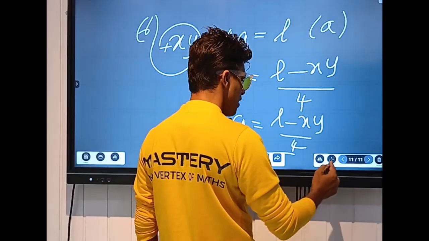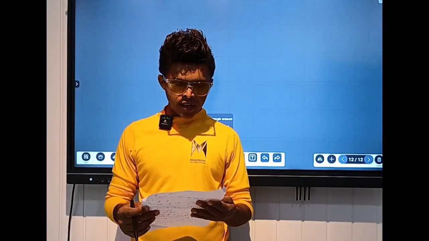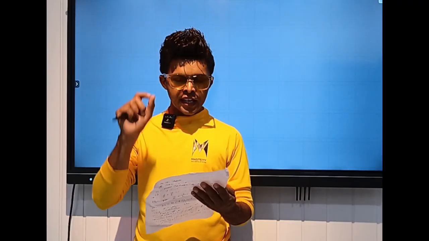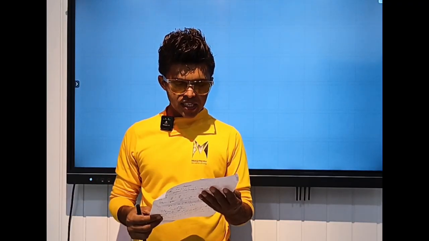Right now, I taught you the needed basic knowledge of formulas of grade 9. Therefore, I'm going to start teaching you exercise 7.1. I'm going to solve the questions one by one, and eventually you will be able to understand them.